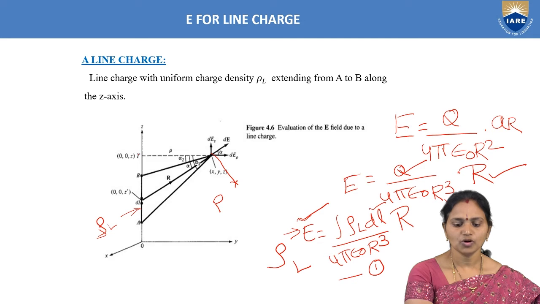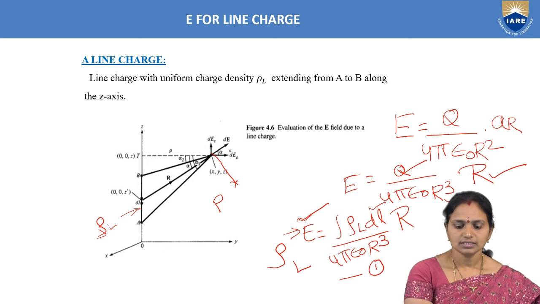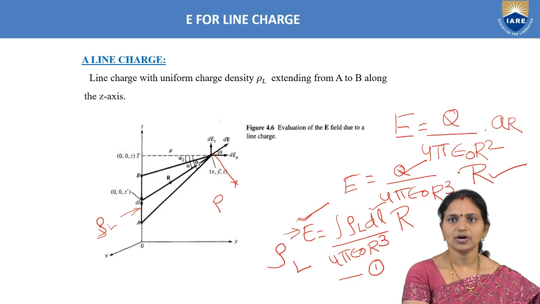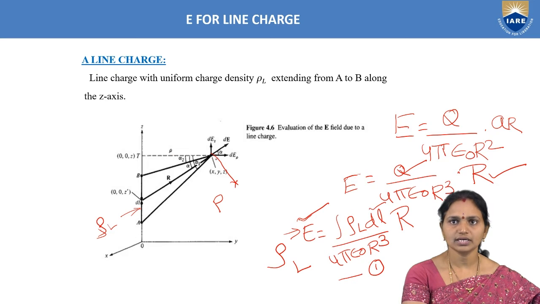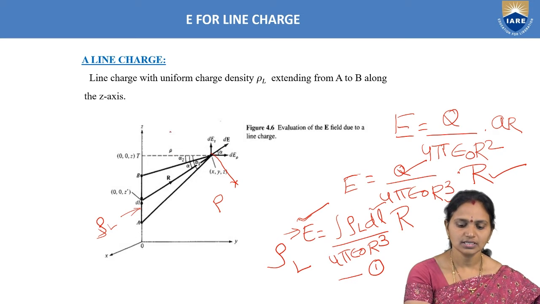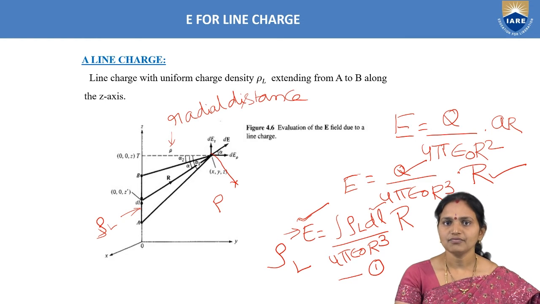I am taking one more point on the Z axis, that is 0, 0, z, and the field point here is x, y, z. The distance between the Z axis and the field point we can take as the radial distance, which we usually represent as rho. Rho is the radial distance from the Z axis to the field point.